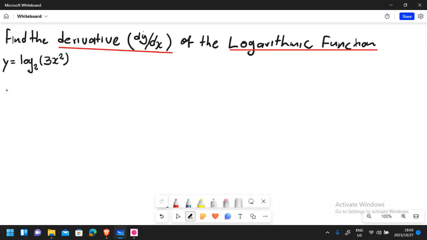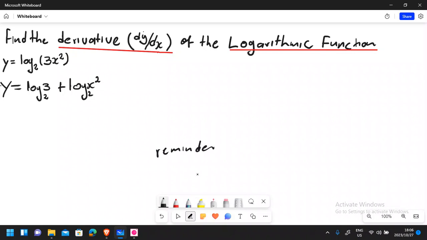Now yes, we have to go back to our exponents, to our log laws. So remember this law where we have log 3 base 2 plus log x squared base 2. All right, this is a log law. Let me just remind you.